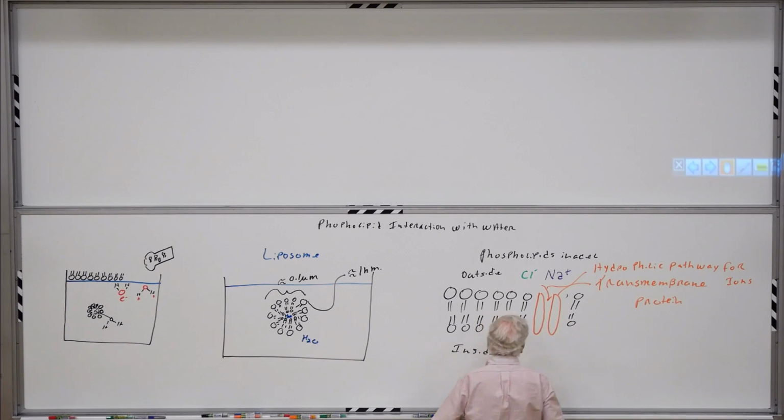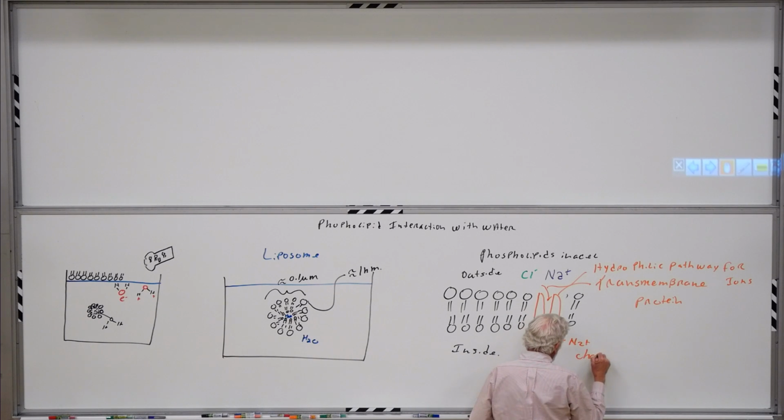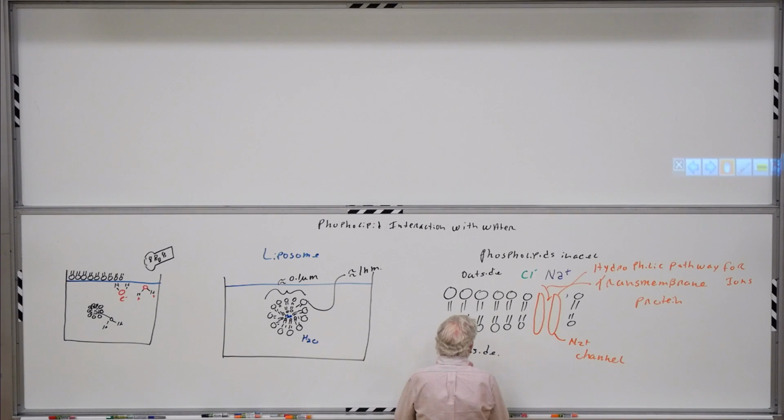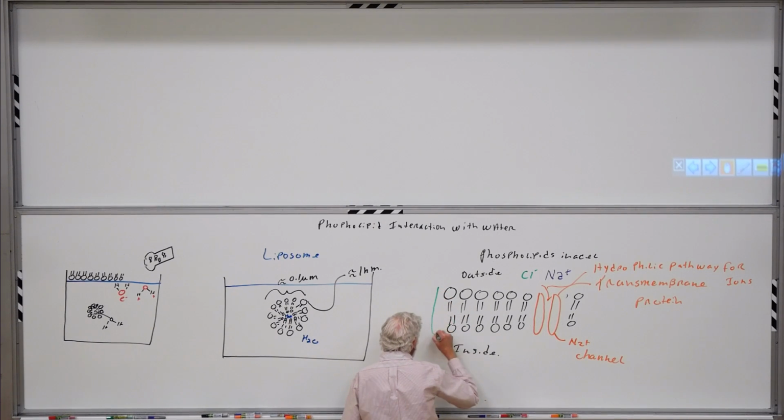So there may be, for example, an orange sodium channel, and over here, a chloride channel.